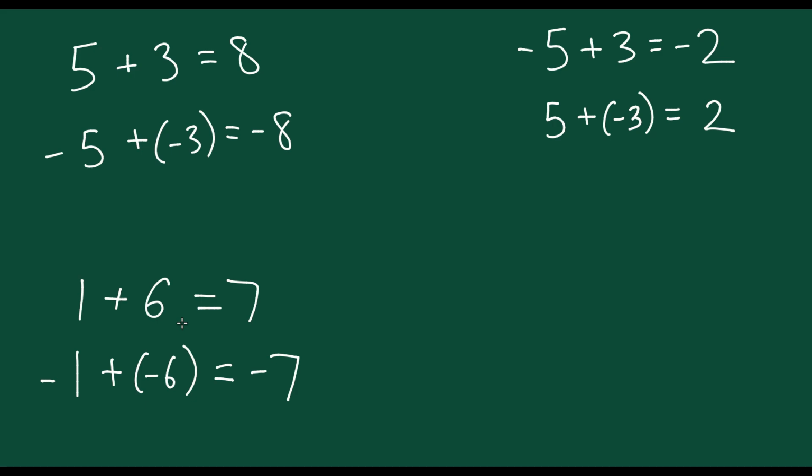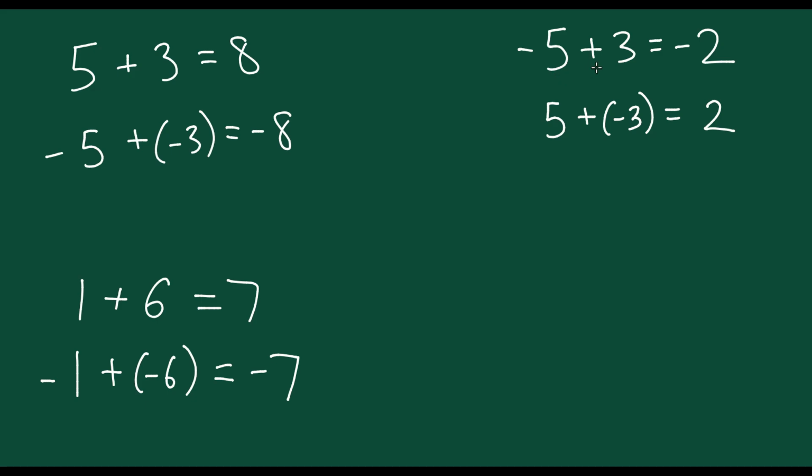So if you're adding 2 numbers with the same sign, you simply add them and then you make the answer positive or negative, depending on whatever the bigger number is, the absolute value. The second rule, if you're adding two numbers with opposite signs, like a negative with a positive or a positive with a negative, then you subtract the two numbers and make your answer the sign of the bigger one.